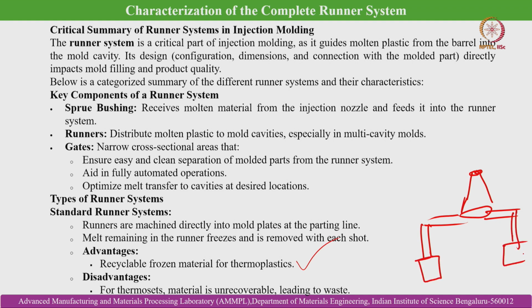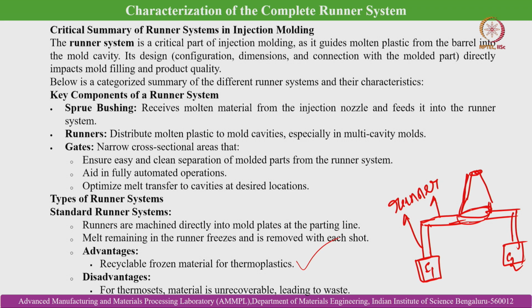So, all these things are runners. These are basically the connection between the sprue base, or you can say the sprue bushing, and the component cavity. So, this is component 1 and this is component 2. These runners are responsible for connecting with the component from the sprue base.